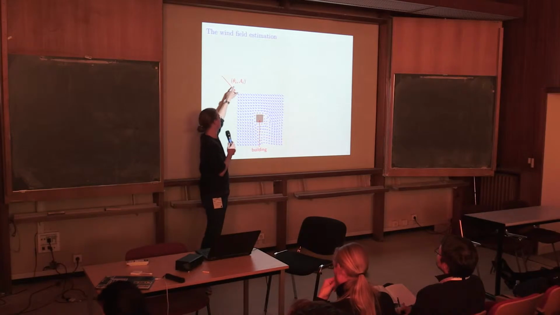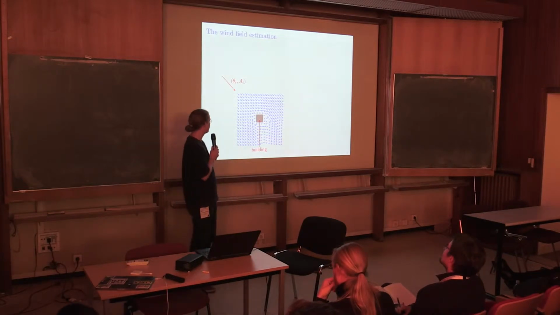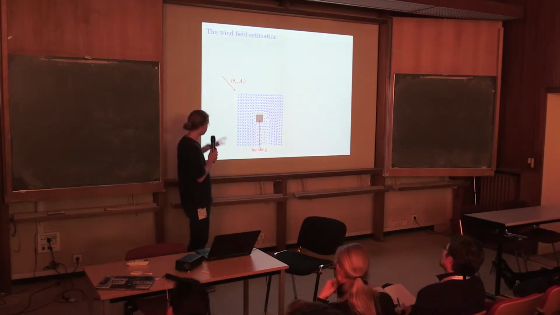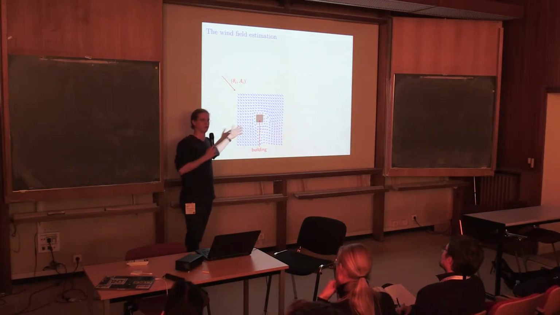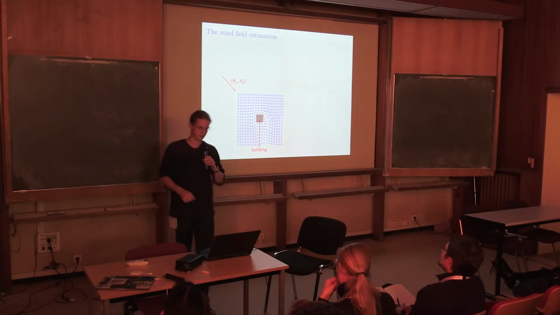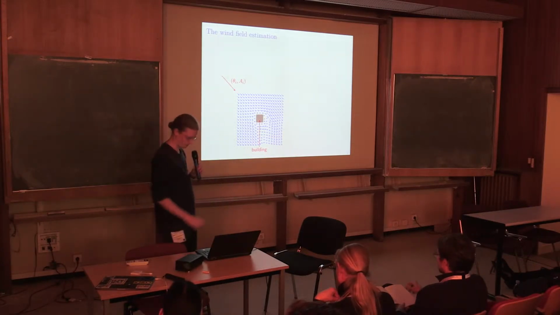This wind has a certain magnitude and a certain angle. You can know the profile of the wind everywhere in the domain, everywhere in the city, even if there are buildings that make turbulences just after them.